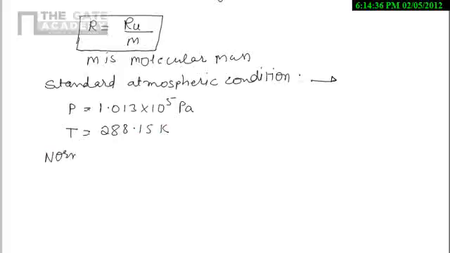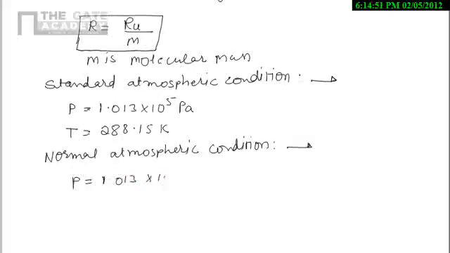Similarly, for normal atmospheric condition, pressure will be 1.013 into 10 to the power 5 Pascal, and temperature will be 273.15 Kelvin. So these are some of the important points we should remember, and it is very useful in solving the problems of thermodynamics.